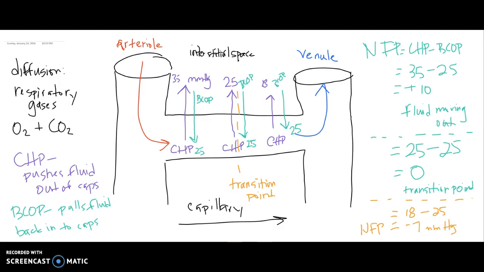When I have a negative number, that means more fluid is being pulled in than pushed out. So I push fluid out till I get to that transition point, and then I pull fluid back in again. That helps me maintain my blood volume. If everything were pushed out and never pulled back in, that would be a problem.